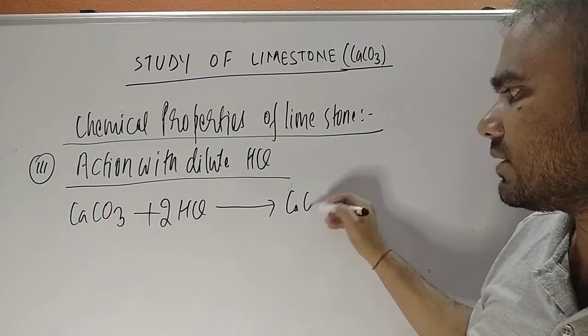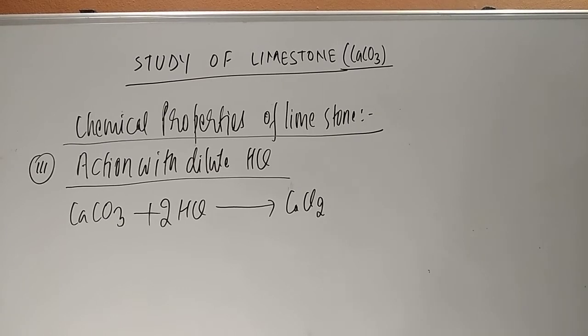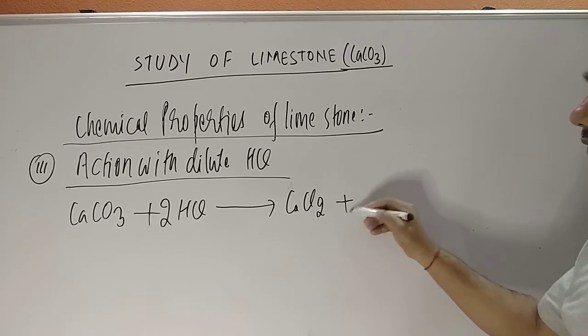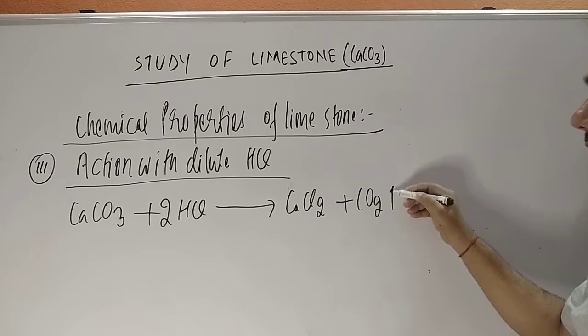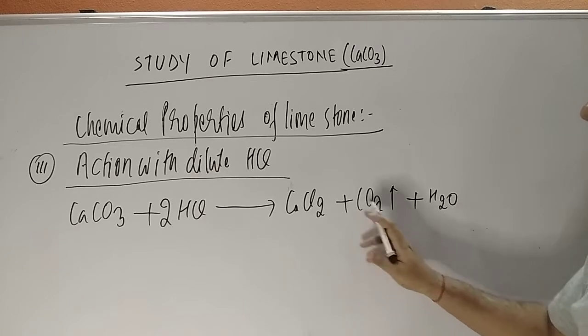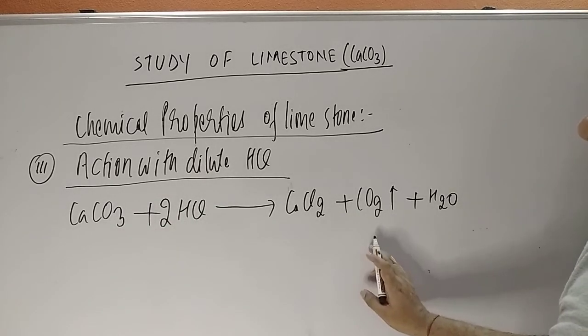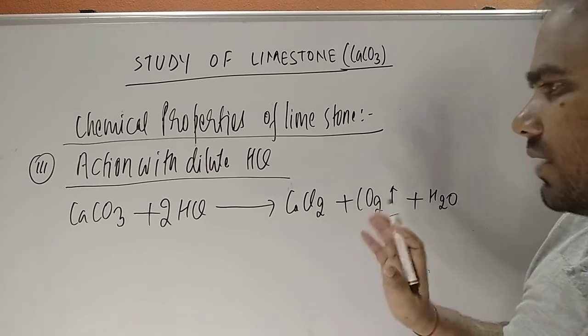It will give calcium chloride, and carbon dioxide gas will be released, and together it will also release a water molecule. You can balance it out: total oxygen is 3 and 3, carbon is 1 and 1, hydrogen is 2 and 2, that is balanced.